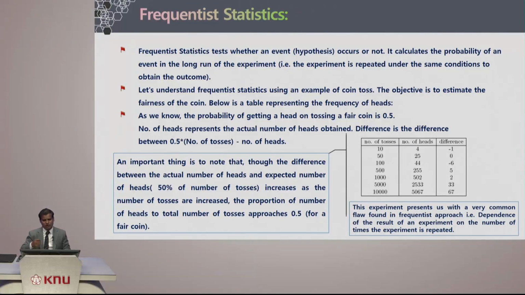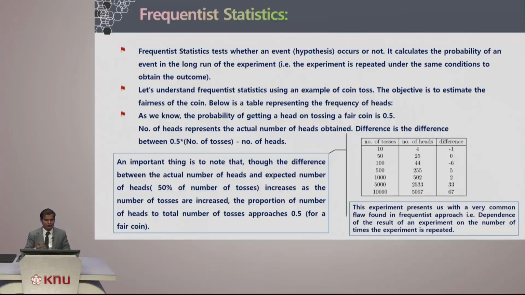So we know that whenever a coin is tossed, there is 0.5 probability of getting head and 0.5 probability of getting tail.